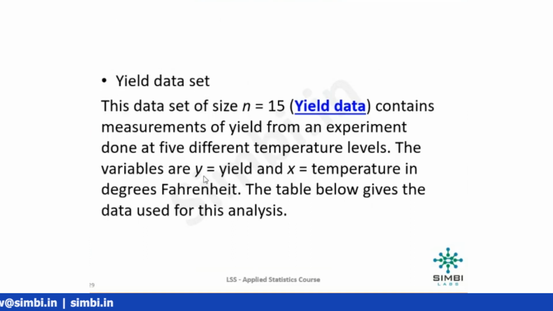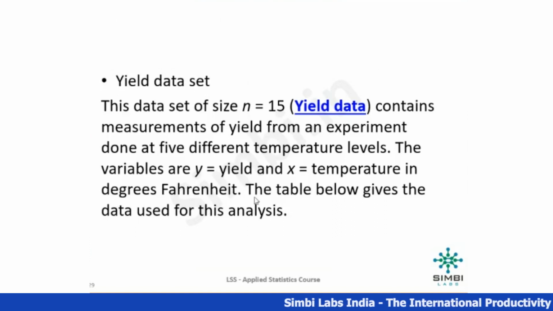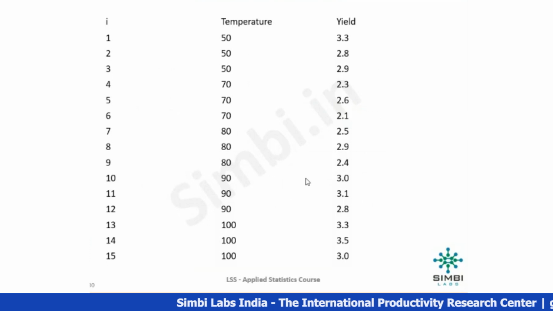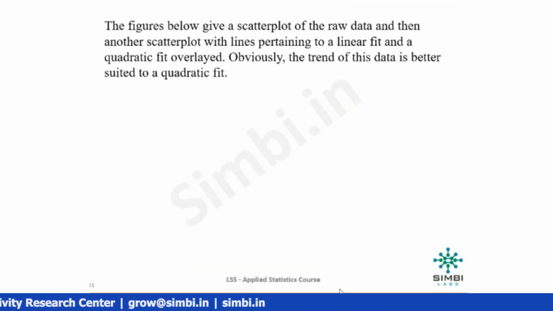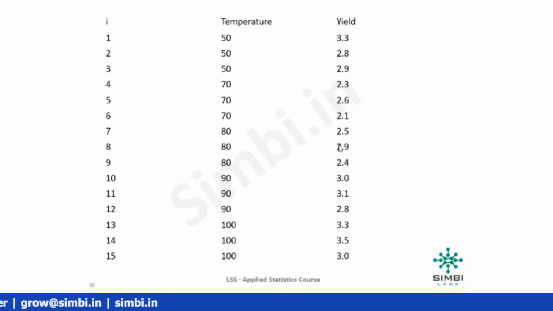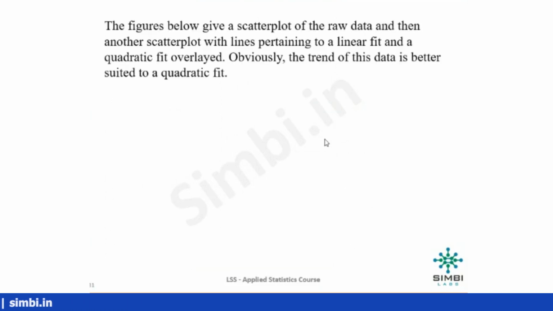The variables are y equal to yield and x equal to temperature in degrees Fahrenheit. The table below gives the data used for this analysis. Here we can see the table, with the serial numbers and the temperature values, which we denote as x, and the yield values, which we denote as y.